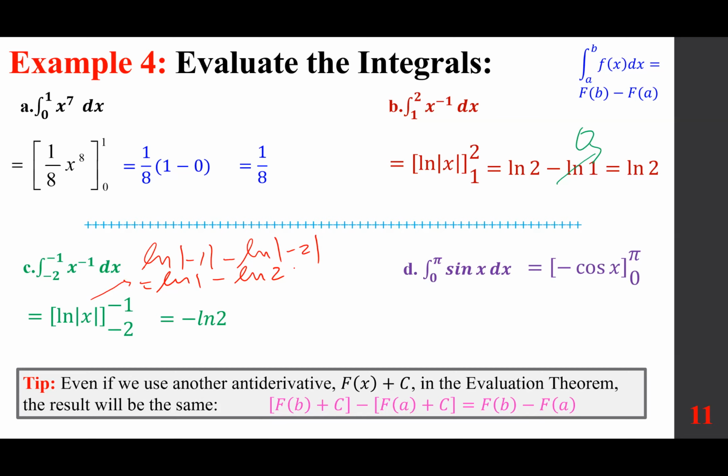We can keep this negative sign out, so minus cosine of pi minus cosine 0. As you know, cosine of pi is -1, minus cosine of 0 is +1. So the brackets end up being -2. The negative outside makes it +2.